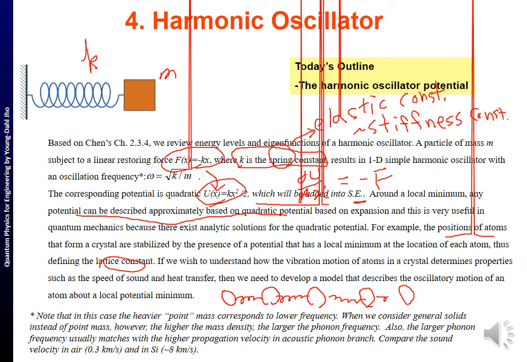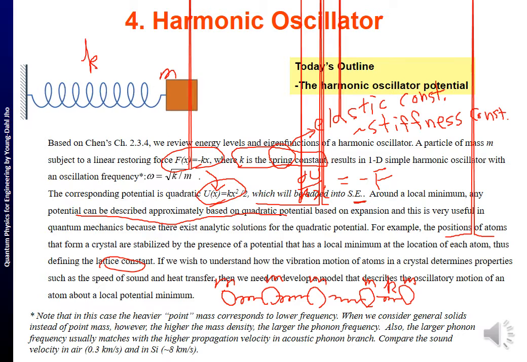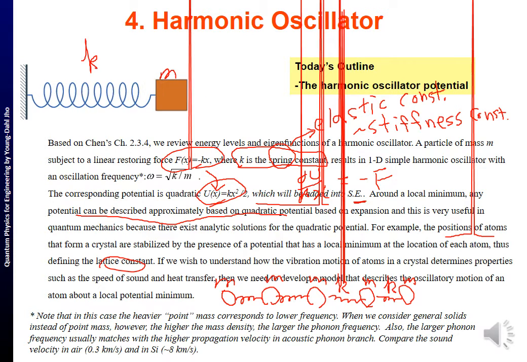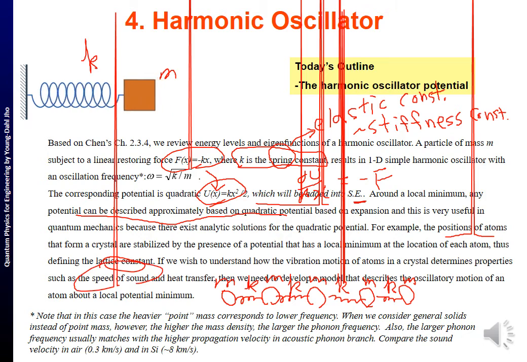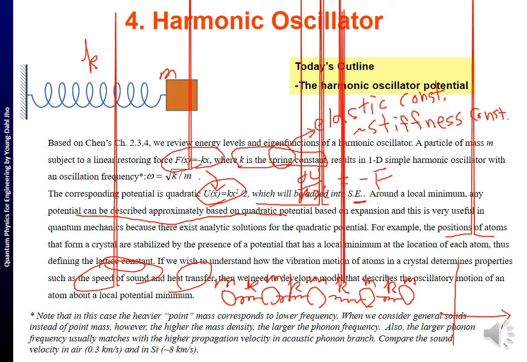Okay, so we will describe things like mass m connected by a spring constant. Here k is the spring constant, not the wave number. They are different.